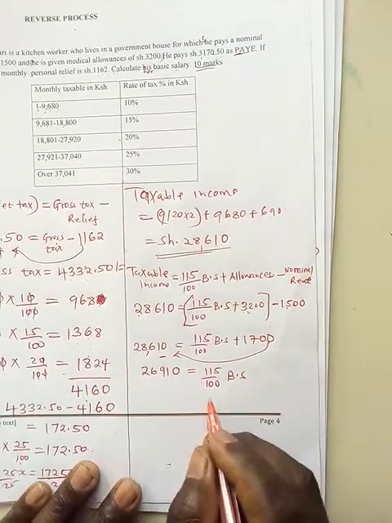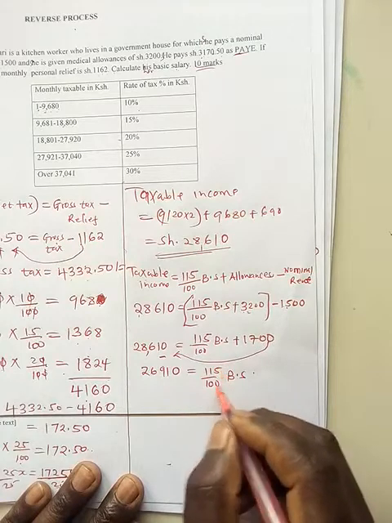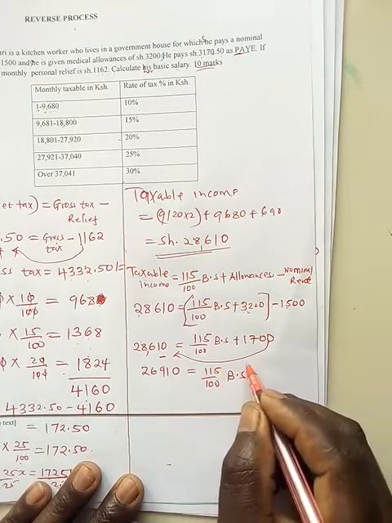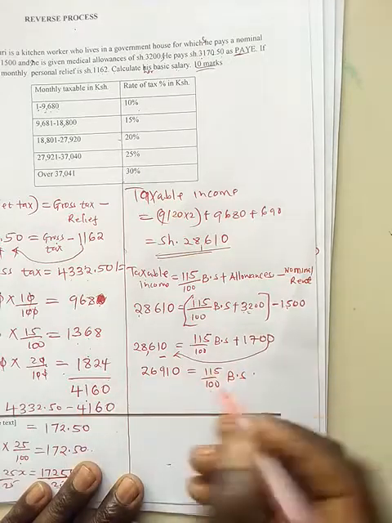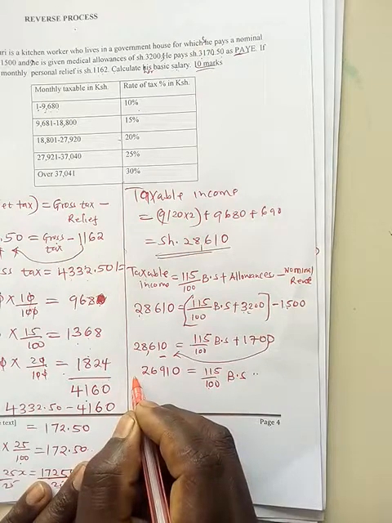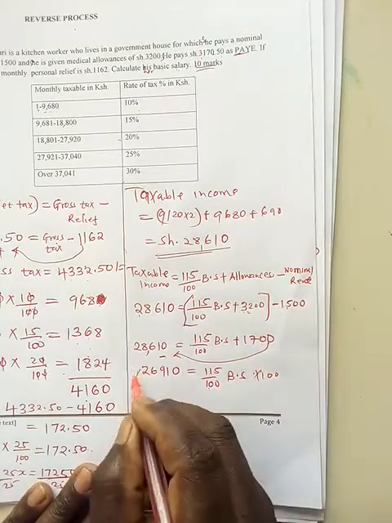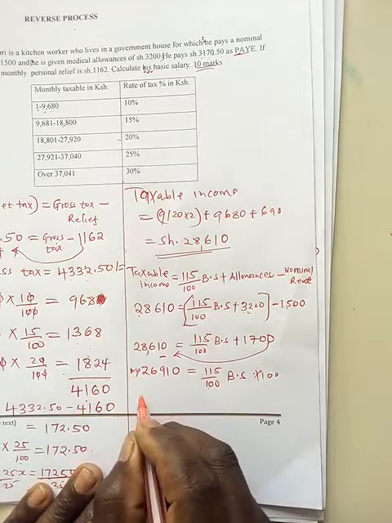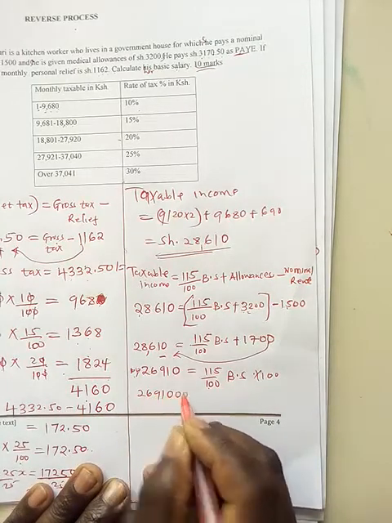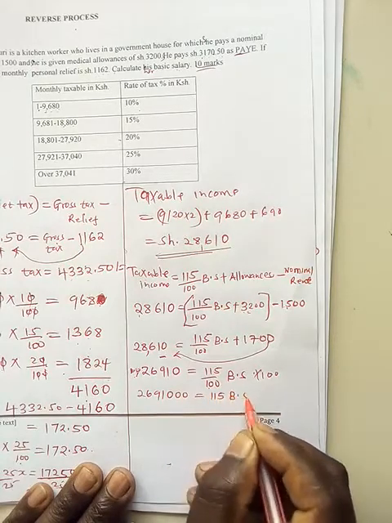Sasa tunataka basic salary, we make sure tunapakisha basic salary hapa. Tuna multiply times the reciprocal. Sawa? Multiply the reciprocal both sides ni sawa. Ama denominator yetu ni 100, times 100 both sides, and then divide by that. So times 100, which will give us 2,691,000 equal to 115 basic salary.